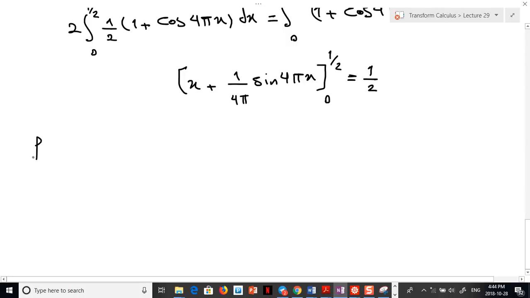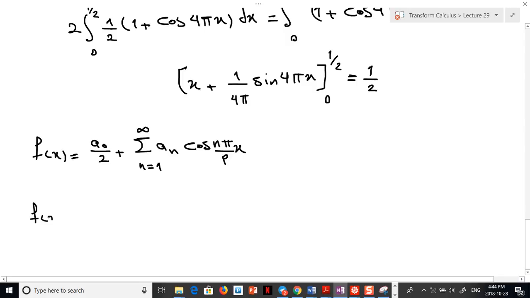So we can say that the Fourier series of this function, or cosine series, is equal to A0 divided by 2 plus the summation of a_n cosine n pi over p x, from 1 to infinity. So in fact, f(x) is equal to: A0, we already found it, is equal to 0.